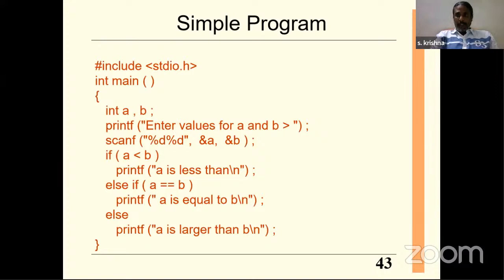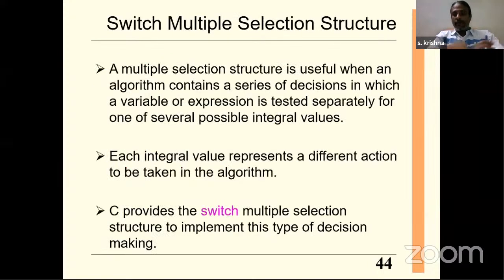Okay, so let's go with some more selection structures. We call it switch. Switch is also one of the keywords in the C program. So what exactly is a switch? A multiple selection structure is useful when an algorithm contains a series of decisions in which a variable or expression is tested separately for several possible integral values.